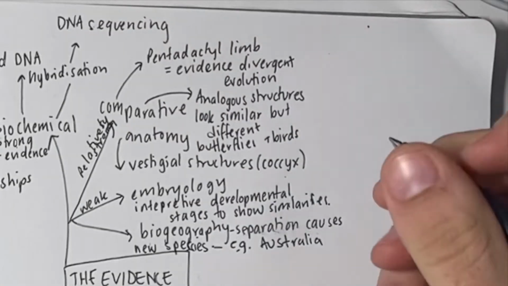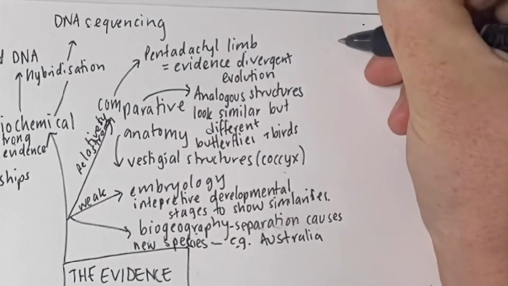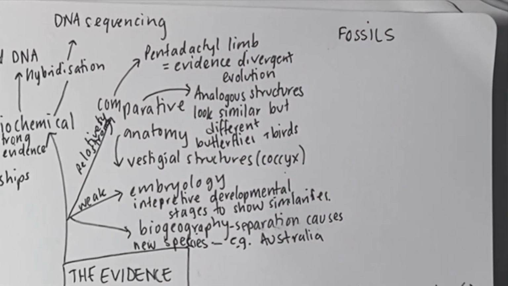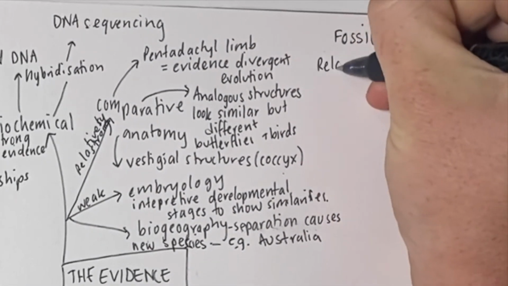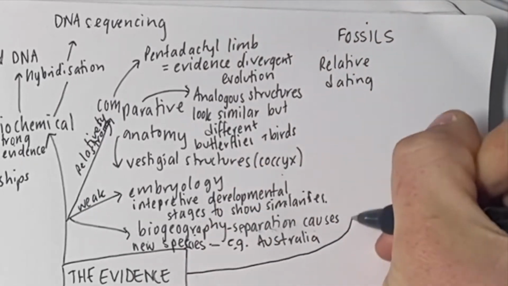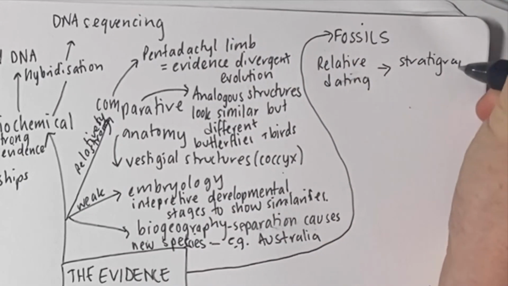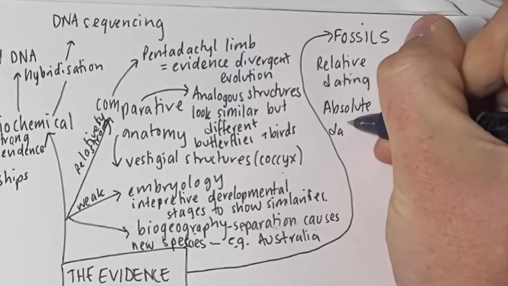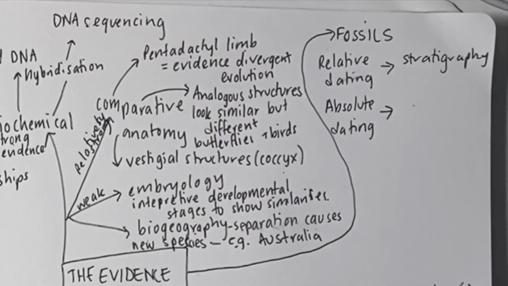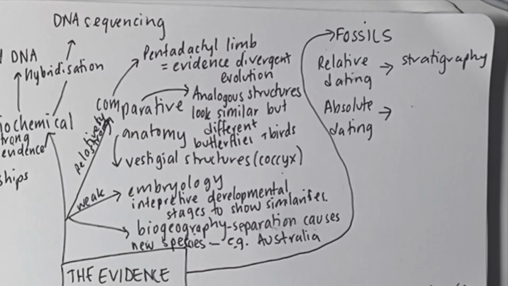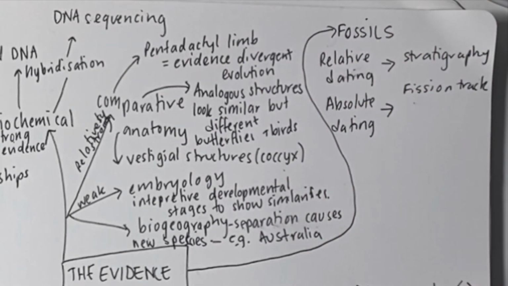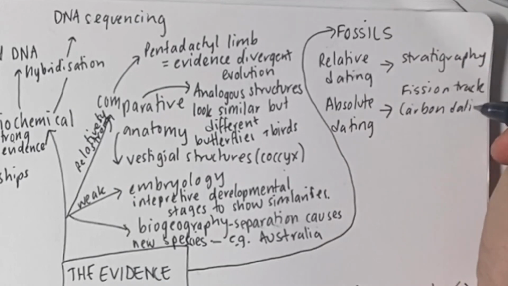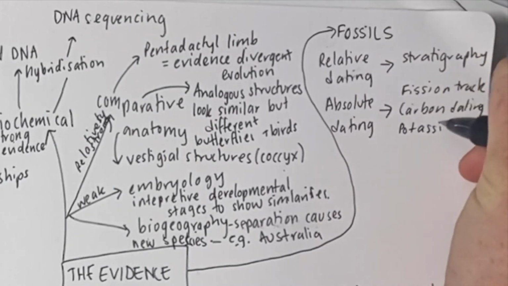The next piece of evidence that we looked at was the fossil record. The first thing I'm going to review is relative and absolute dating. Relative dating uses stratigraphy, which uses the relative layers where the fossils are located and compares them to fossils either side to determine the age and place in the record. This method is somewhat reliable, providing that you have enough fossils either side of the sample.